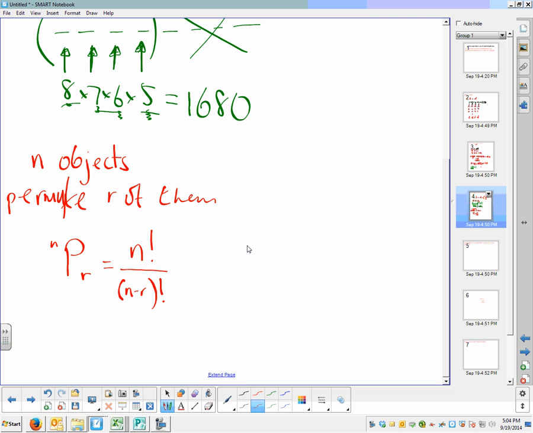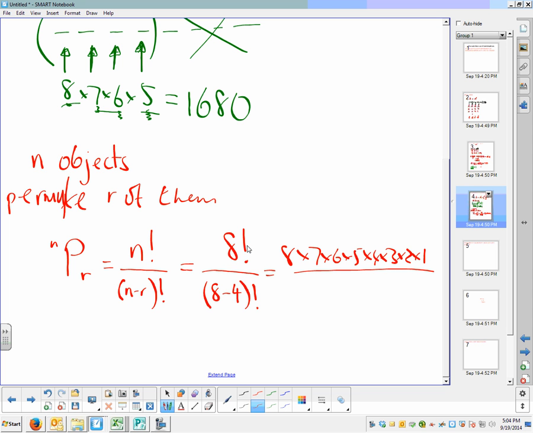So in the example above, there were 8 objects, 8 factorial, but we were only looking for 4 of them. So 8 minus 4 factorial goes in the denominator. And if you write that out longhand, that's 8 factorial on the top, and on the bottom, 8 minus 4 factorial.